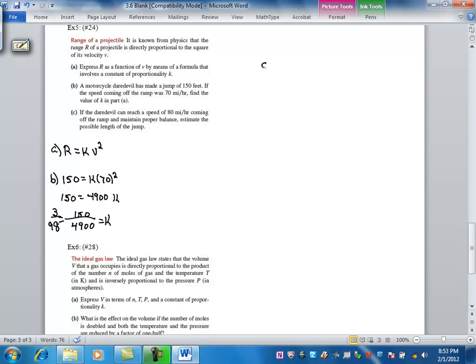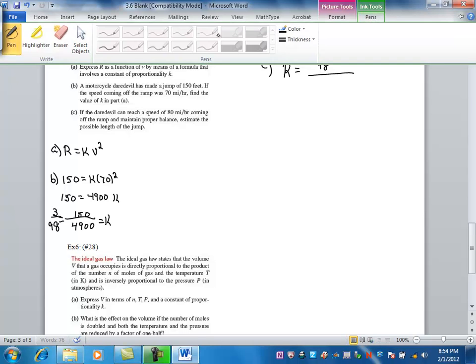And so now we look at part C. It says if the daredevil can reach a speed of 80 miles an hour coming off the ramp and maintain proper balance, estimate the possible length of the jump. So R is what we're looking for. We know that K is 3 over 98, and we are not going to divide anything.